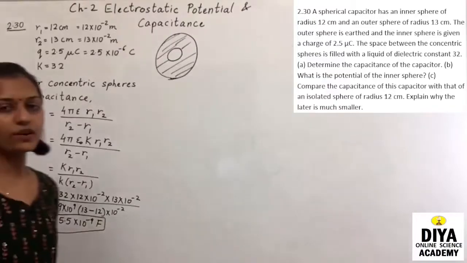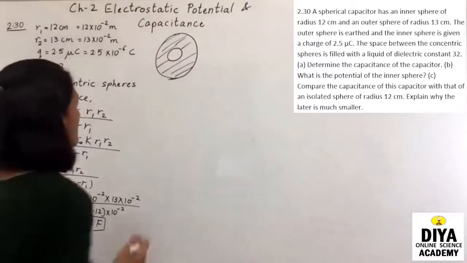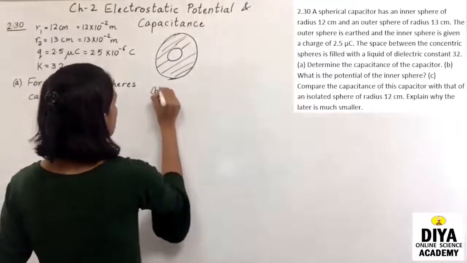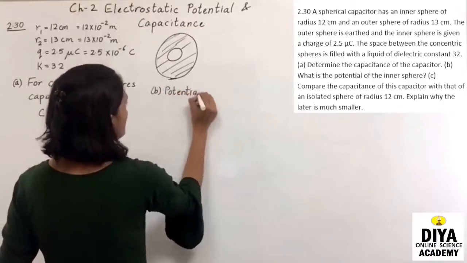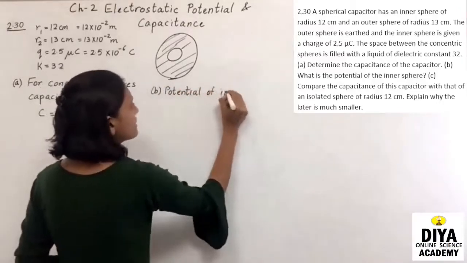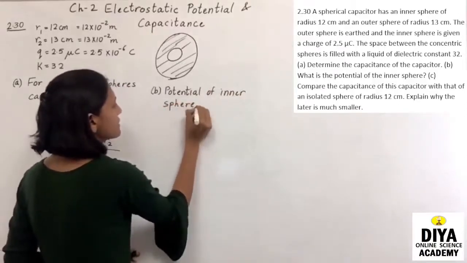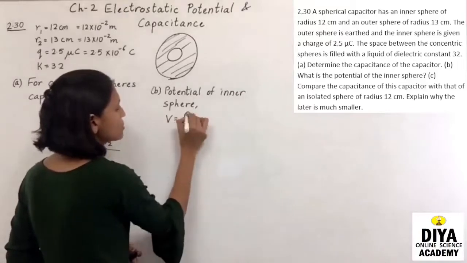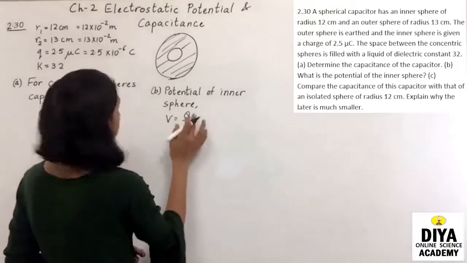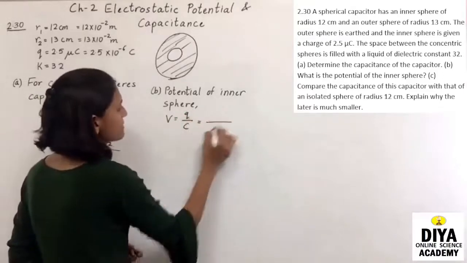Then the second one, B: what is the potential of the inner sphere? C equals Q by V, so V equals Q by C. C we know now.